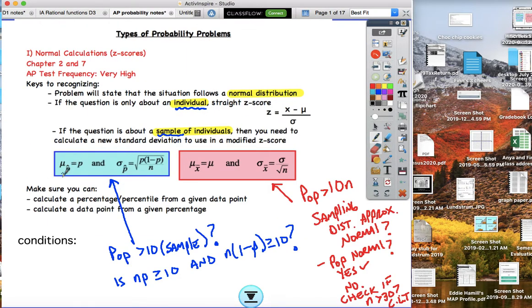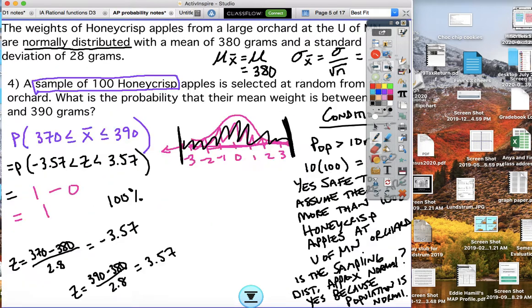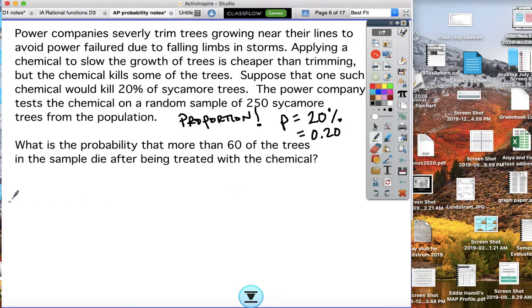If we have a proportion problem, we're going to be using these formulas, especially when we have a sample, and we were told in this problem that our sample was 250 trees. So here are the formulas we're going to use, and again, here are the conditions we have to check. So now going back to the problem, let's check those conditions first.